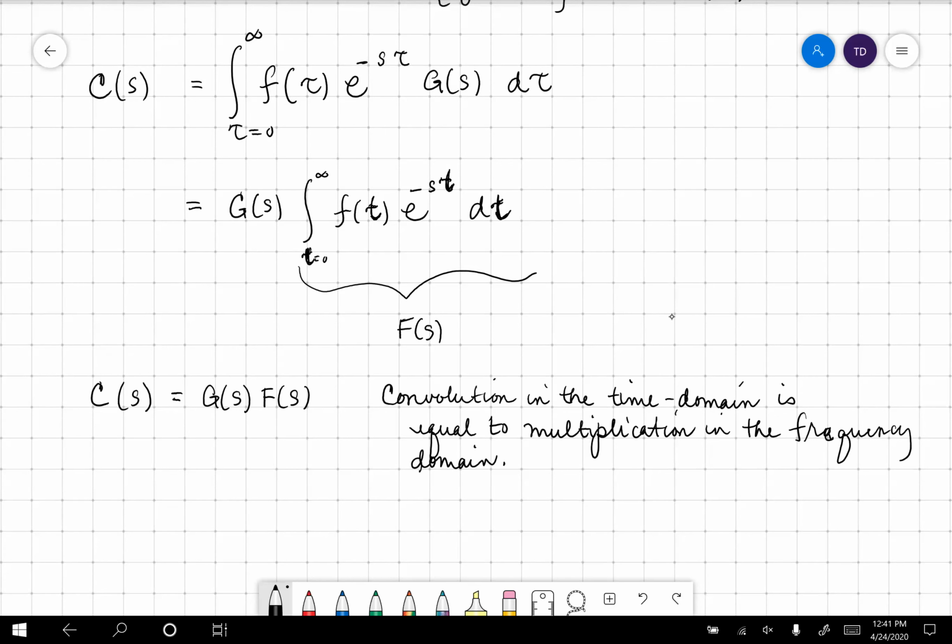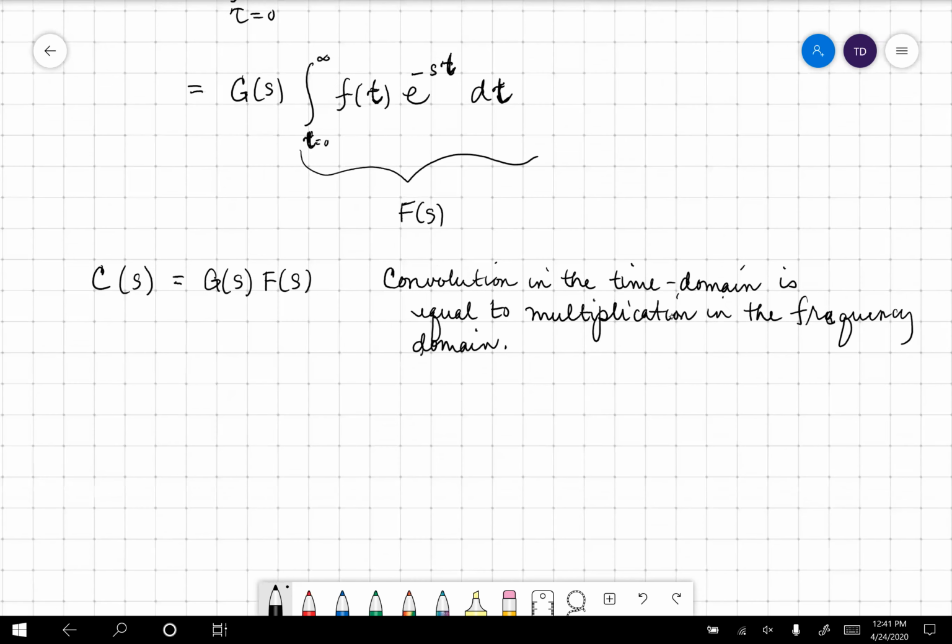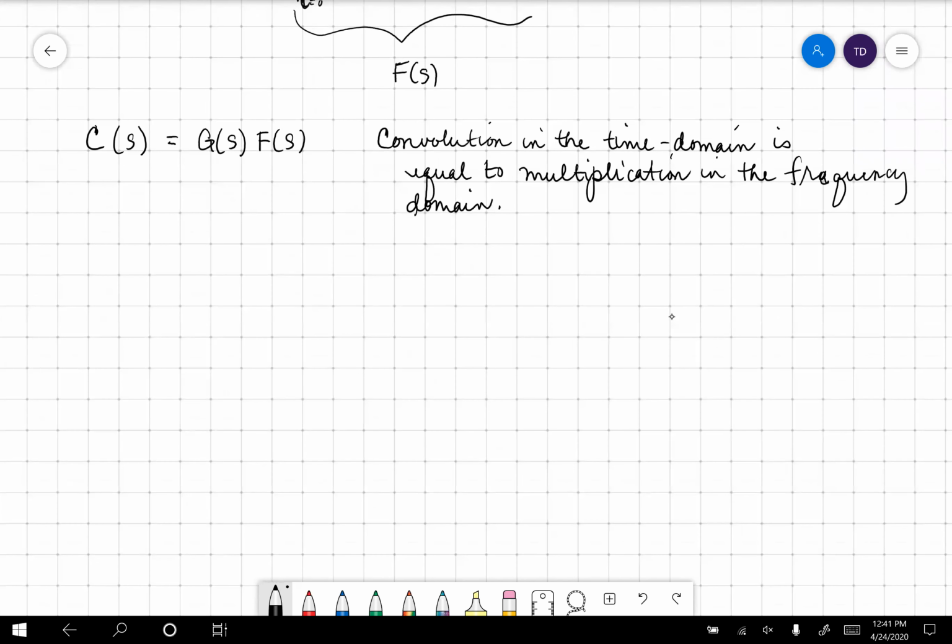Convolution is an ugly, ugly function, but multiplication is real easy. So we love the frequency domain. So that means the following.